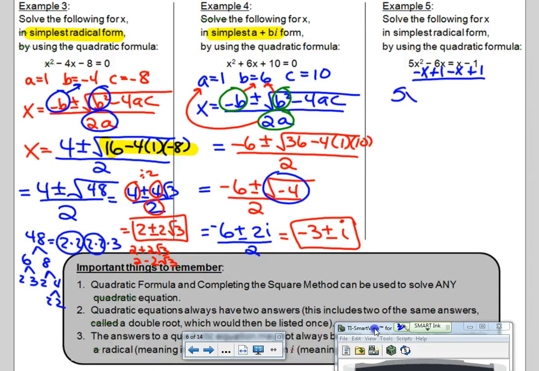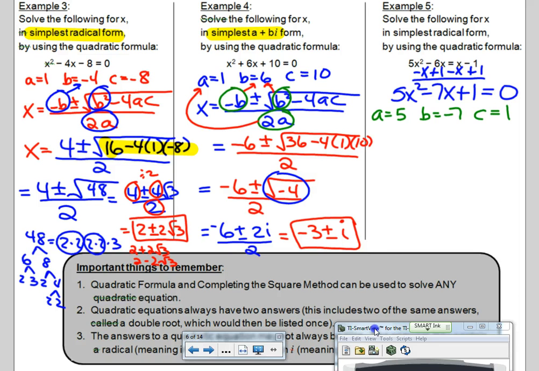Okay, so you get 5x squared, negative 6x, and negative x makes negative 7x, and then the plus 1. Okay, we always want to write it from highest to lowest power. Writing our numbers, a is 5, b is negative 7, and c is 1.